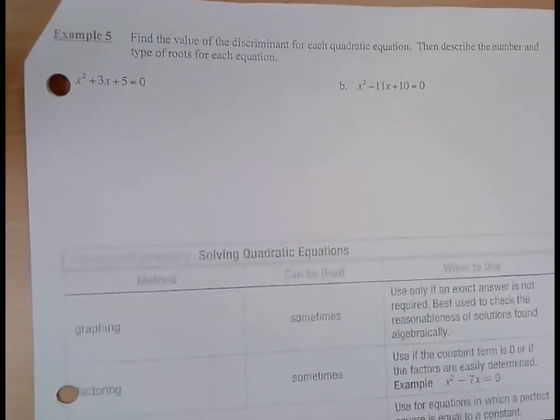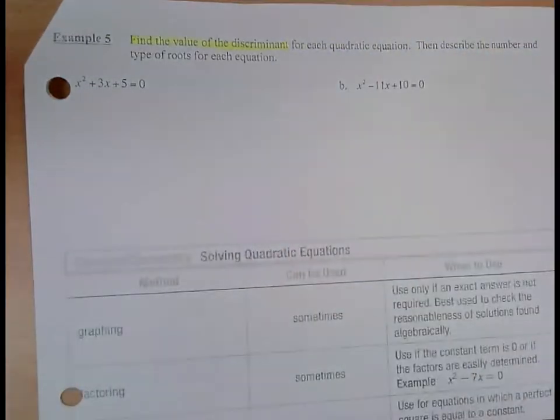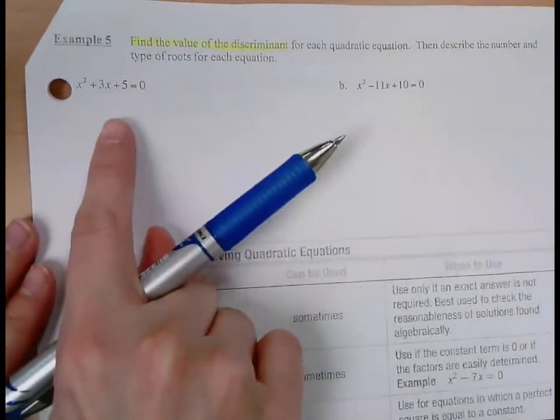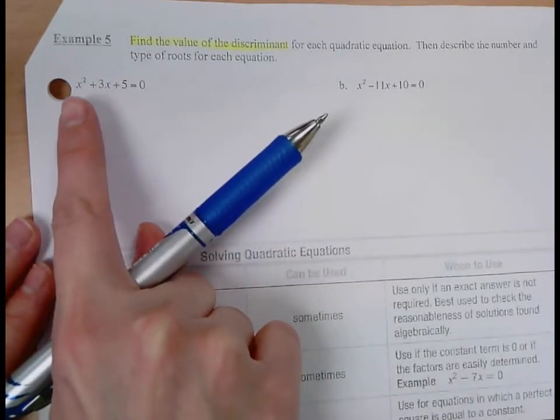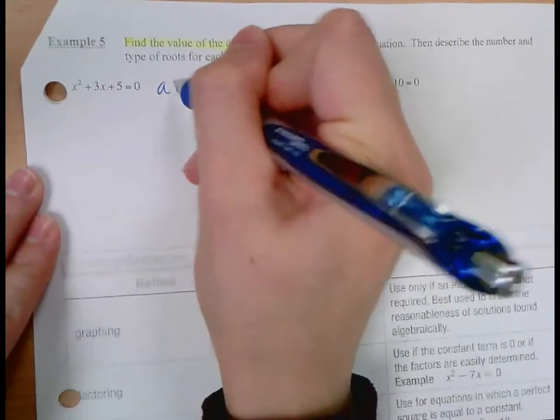So there's a couple examples. Like I said, I know some of you looked ahead at this already. In these examples, you are not actually solving the equation. You are finding the value of the discriminant. And then you're using that to say how many solutions you have and what kind. So if we look at the first one, the equation still needs to be in standard form so you can identify a, b, and c.